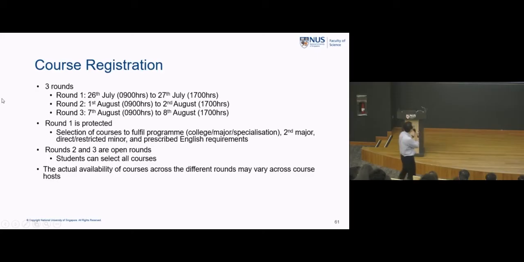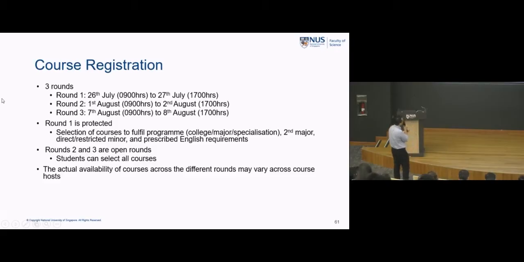Okay, so round 1 is really what we call protected rounds, where whatever precious quota there is for a particular course is protected for those students who must have that course. But must have doesn't also mean will have. Depends on quota also. If you cannot get it this time, you try to get it the next time, even though it's a must-have.